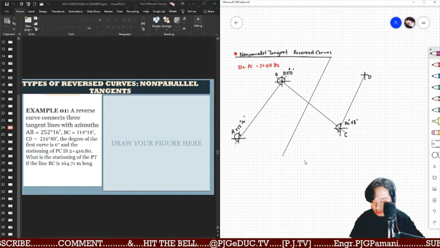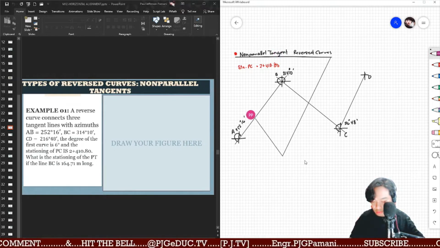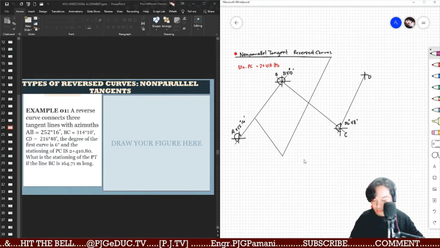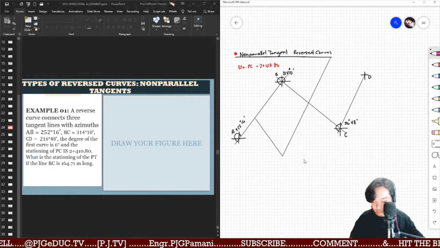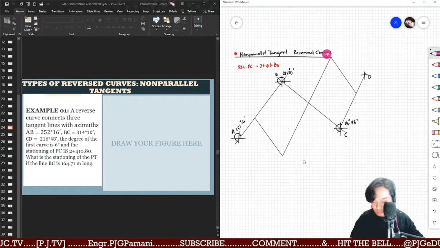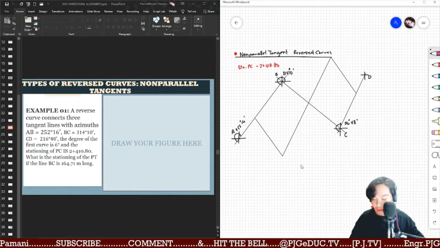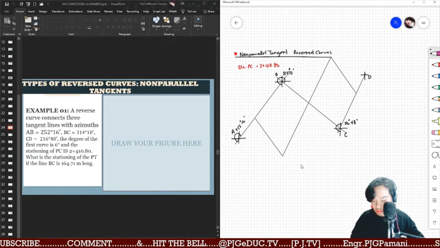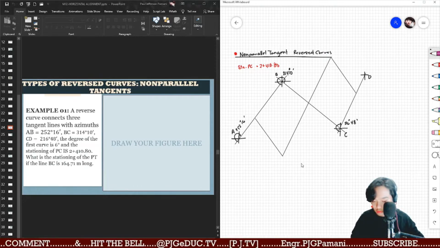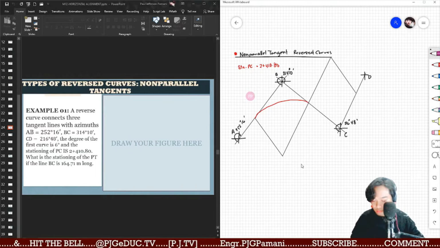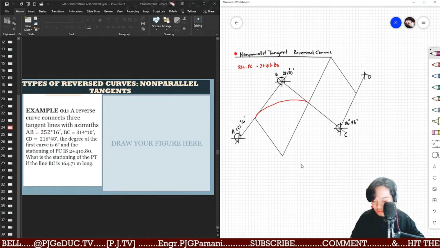Likely, ito yung ating radius. Then, ito na ngayon yung ating curves. Okay?